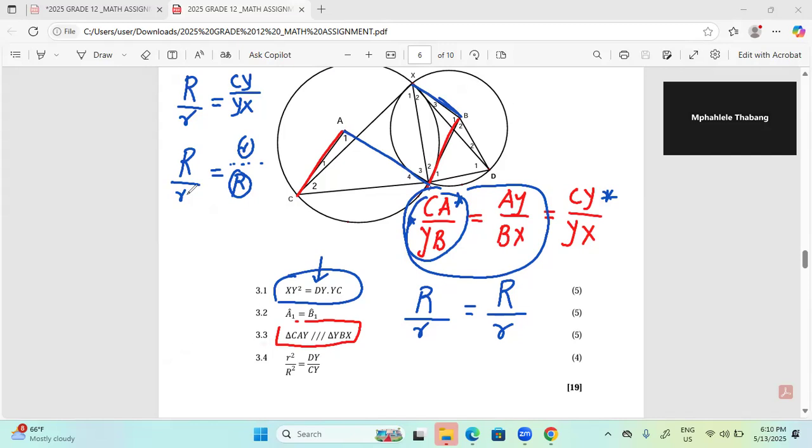Okay, I think here on 3.1, I had something like XY. Now I'm being desperate here. YC equals to XY, DY over XY. I once said something like this. So XY squared equals to DY times YC.